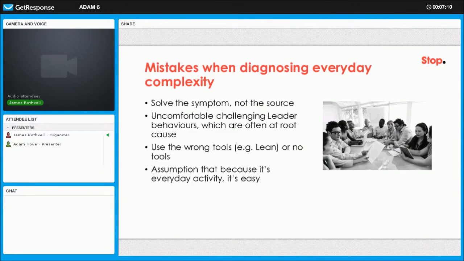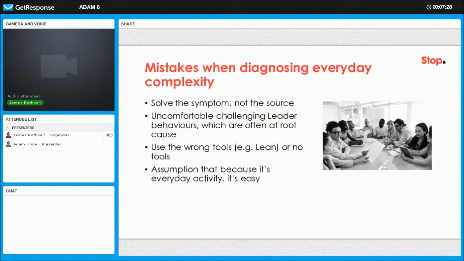And sometimes when an organization has invested in a toolkit like Lean or like Six Sigma, then there's a bit of an over-reliance on that toolkit and a perspective that it can solve every single organizational problem, when in actual fact it can't.